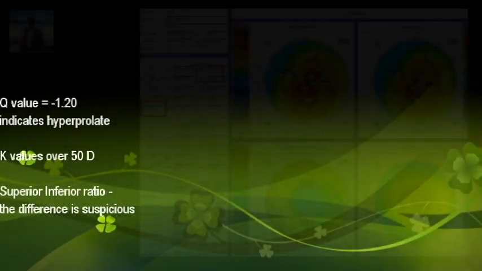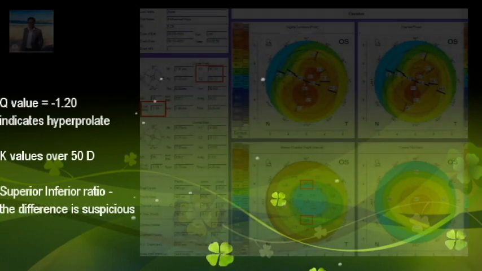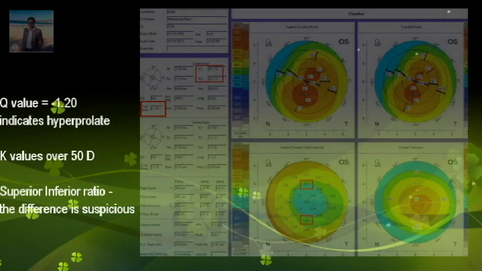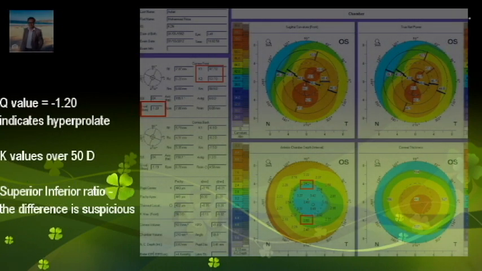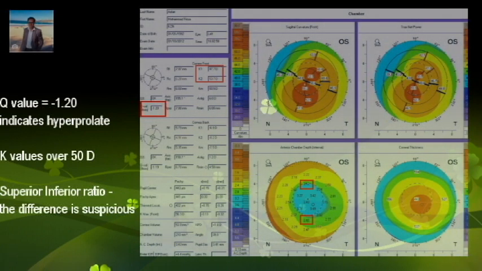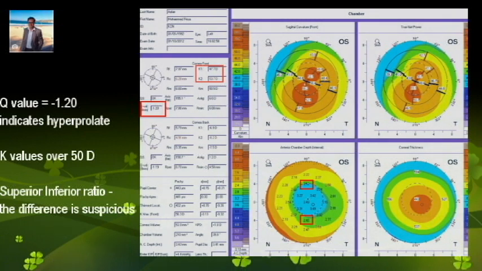All right, let's take the next patient. You can see this patient has a Q value of minus 1.20, which means that this patient is hyperprolate, and the K values also relate to that, being more than 50 diopters. If you see this picture, the corneal curvature is very asymmetric for this patient.